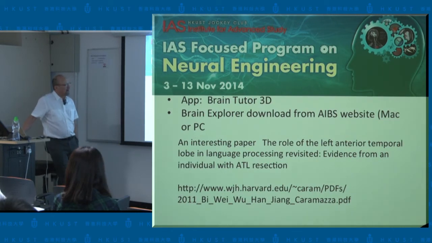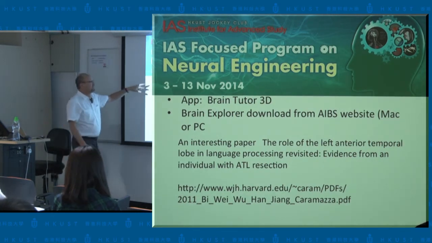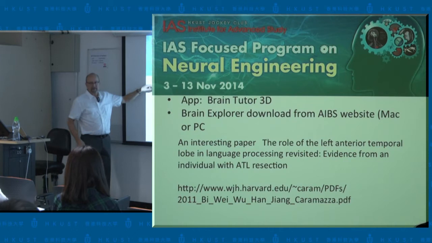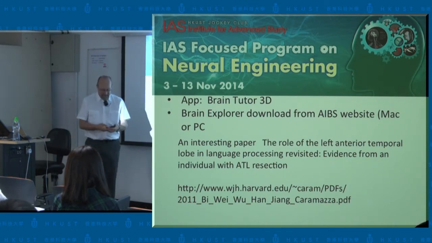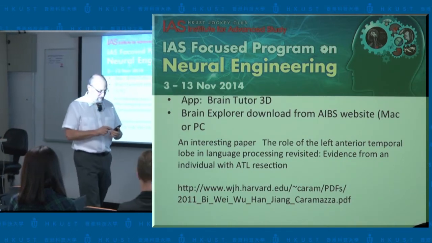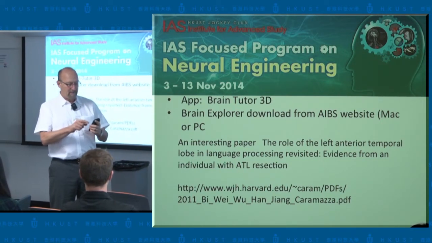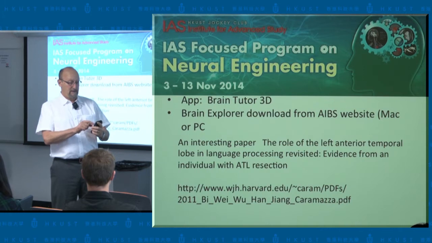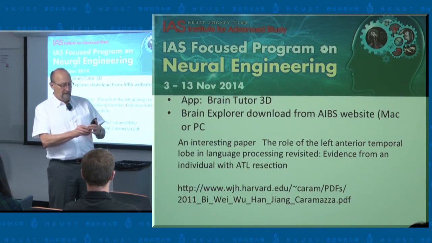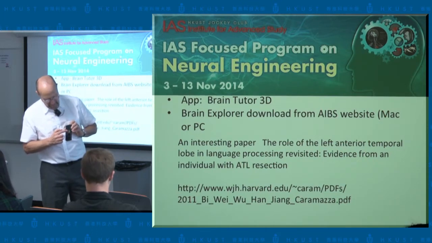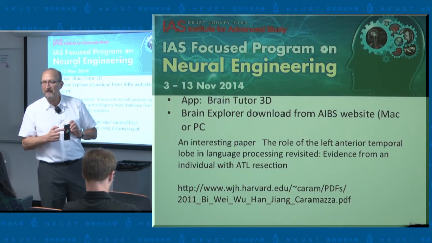In the handout, you have a reference to Brain Tutor 3D, which I have on my iPhone, and you can download this. It's free, but I was just going to quickly show you that everything I'm going to talk about, I have to find my brain here, is an app that lets you look at the whole brain, rotate it around. You can get any region of the brain.